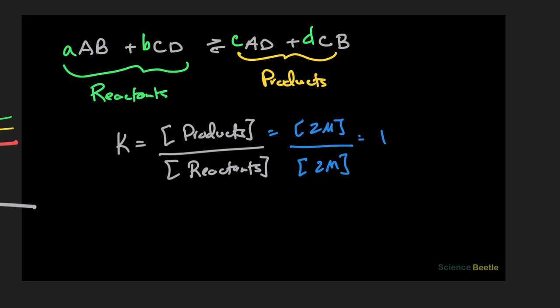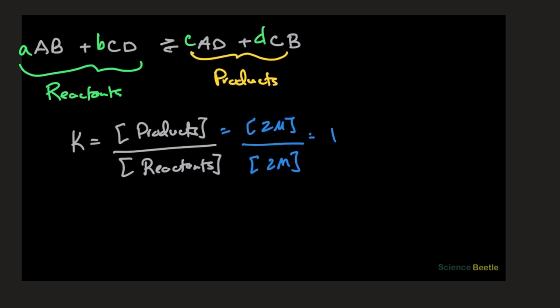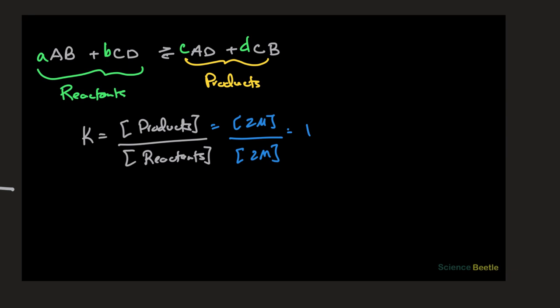That gives us one of the outcomes for K. K can have a couple of outcomes here. K can be equal to 1, and this is going to be at equilibrium. But also K can be greater than 1, or K can be less than 1.